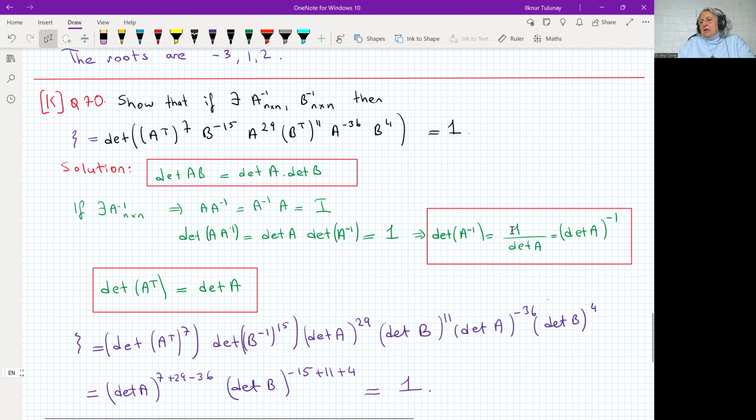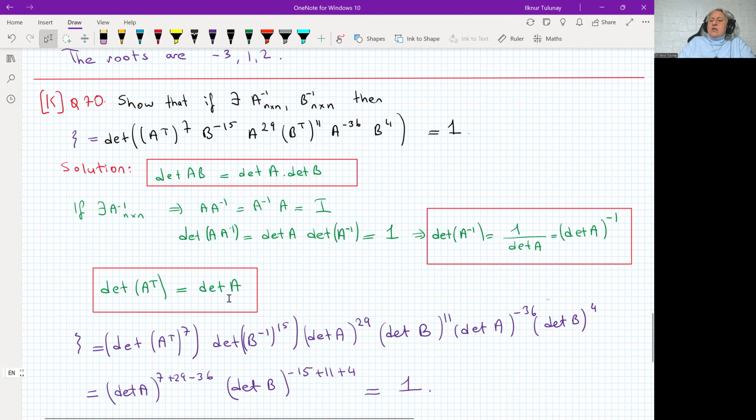So think of it that way: this is a real number, and this is the inverse of the real number. Here is the matrix inverse. The determinant of the matrix inverse is equal to the inverse of the determinant of the matrix A. So this is another formula that we are going to use for this question.